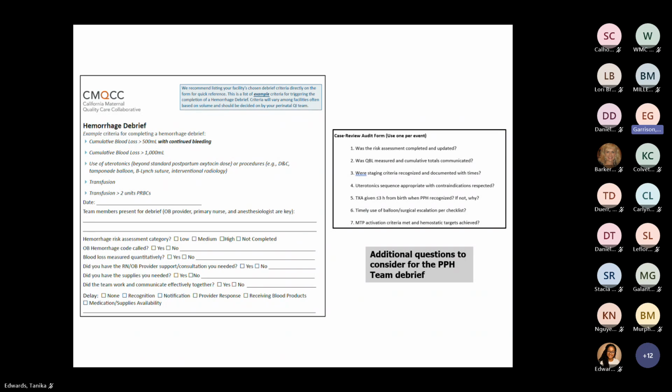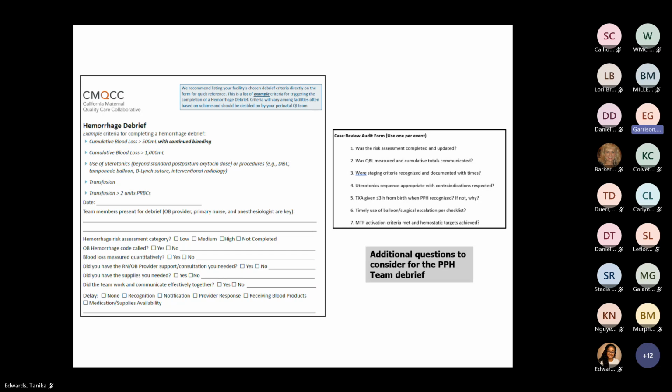Were there any tamponade procedures used, like the balloon or the Jada? Did the patient go to IR? Was the OB hemorrhage cart called? And did the team respond as expected based on any of the checklists that you're currently using?